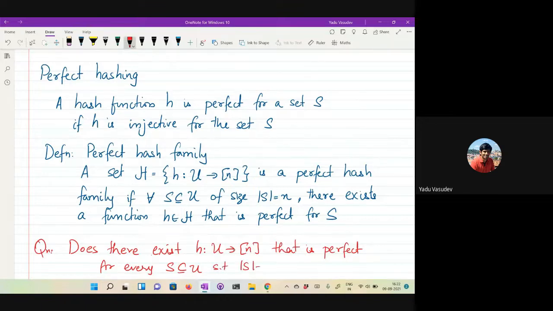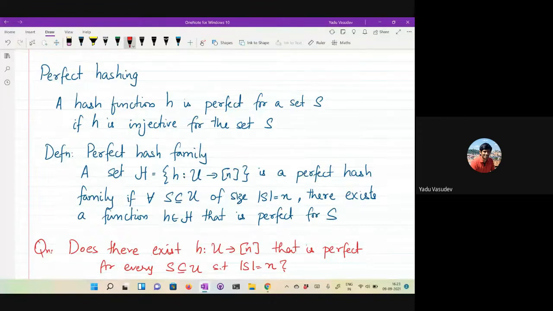Is this possible? Why is this not possible?